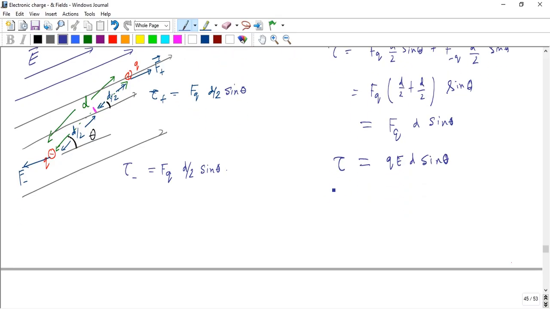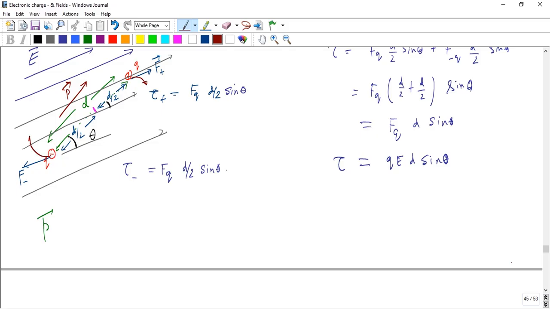And now we know P, the dipole moment. In a previous class, one or two classes back, we discussed what a dipole moment is. It is a vector, and the dipole moment always goes from minus to plus direction. P is from minus to plus. So here there is a torque, which rotates in that direction.